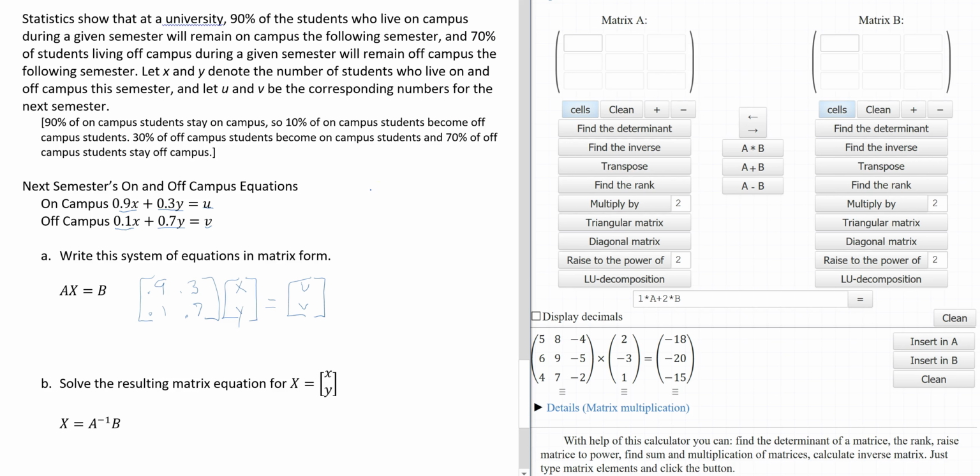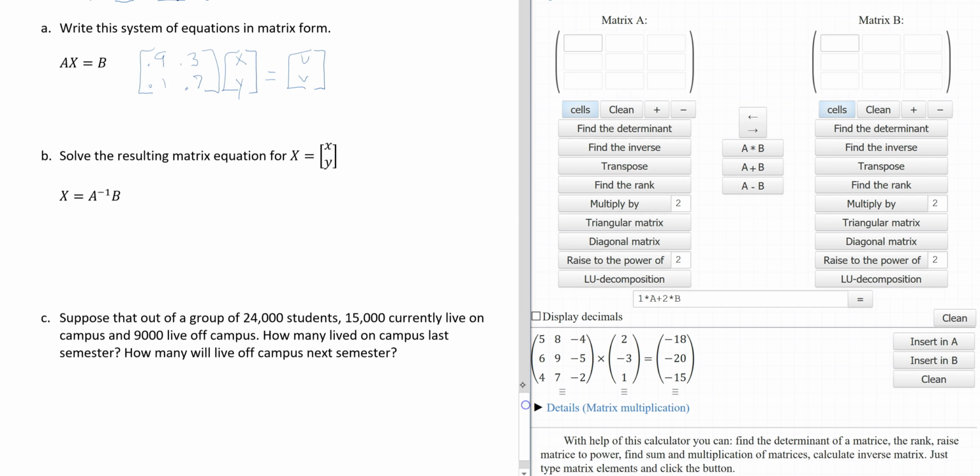Okay, the second part, part B, says solve the resulting matrix for X. It just wants X equals because at this point in time we don't have any values for U and V. So X is the matrix XY.